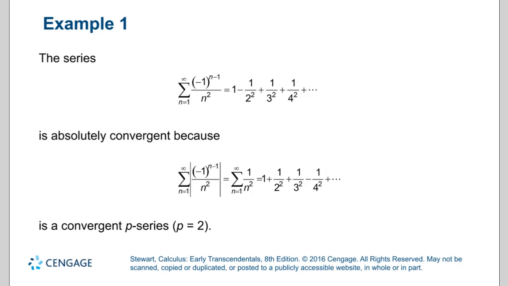Now, 1 over n squared is a p-series with p equals 2. Since the p value is greater than 1, the series is convergent. So I know the original series, (-1)^(n-1) over n squared, is absolutely convergent.